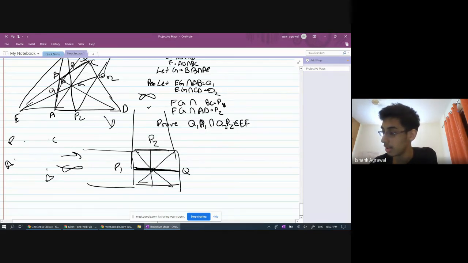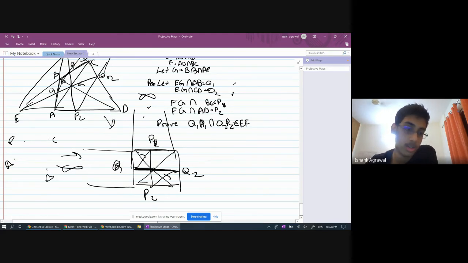And so these lines are parallel, so they meet at infinity. And therefore, all 3 points are collinear at the line at infinity. Does that make sense?